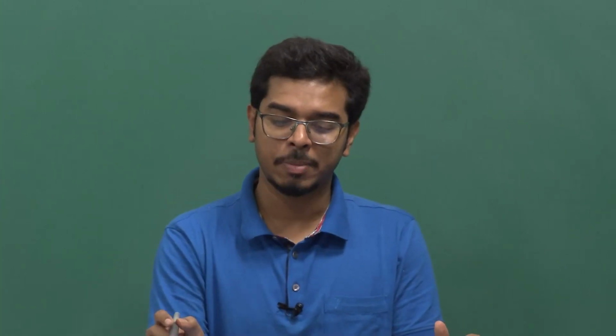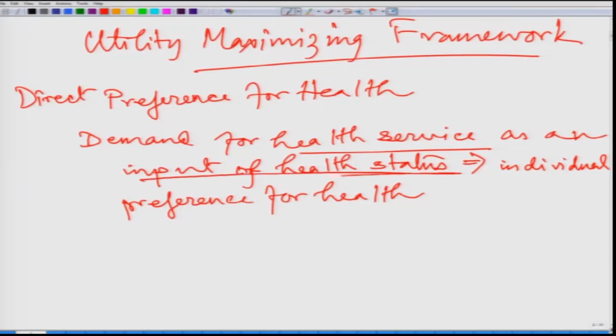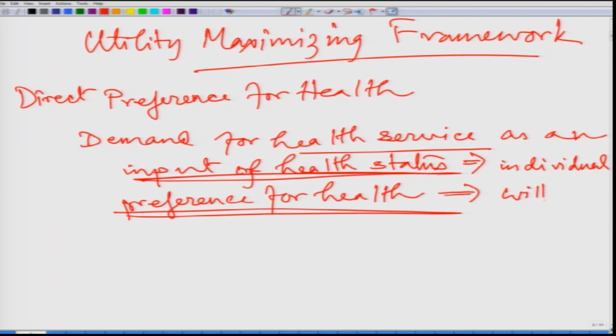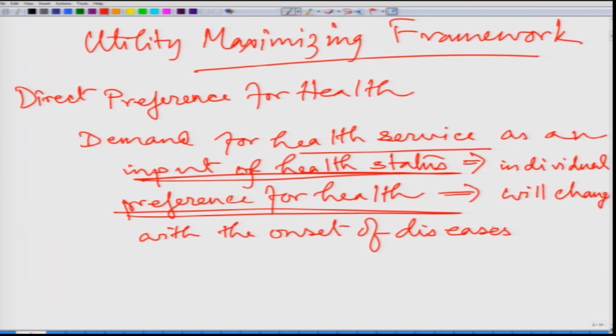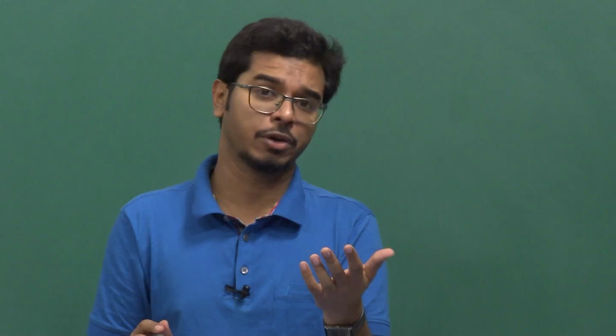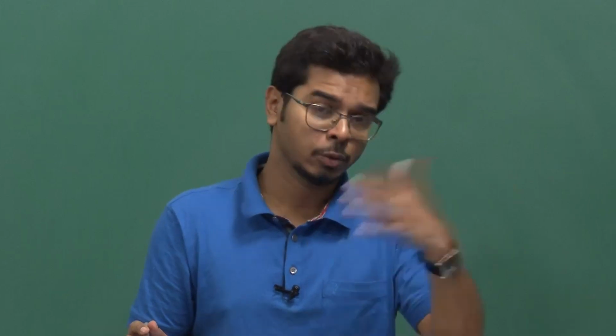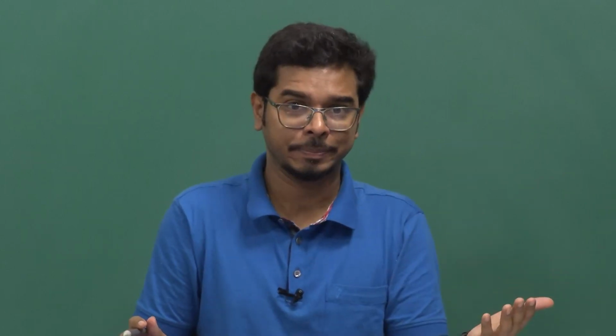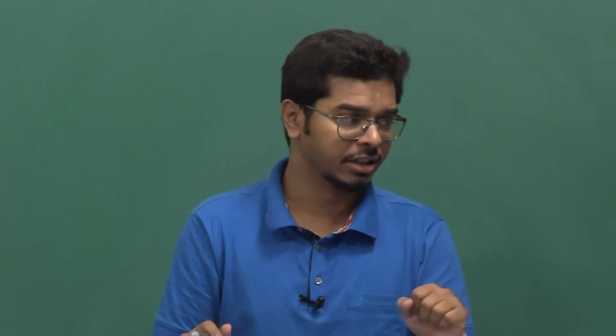So the demand for the input of health status will differ from individual to individual, and it will change with the onset of diseases. A healthy person who falls sick, immediately their demand for health service will be different from what it was when they were healthy. So it is very relative.